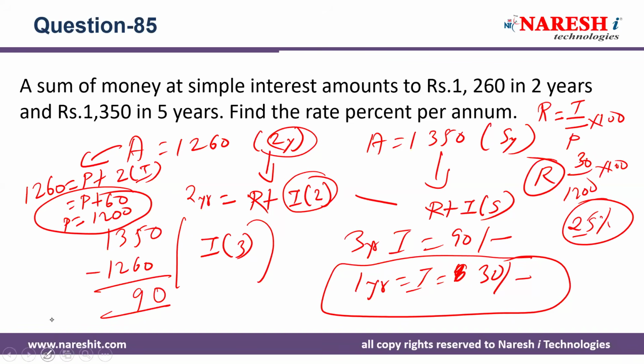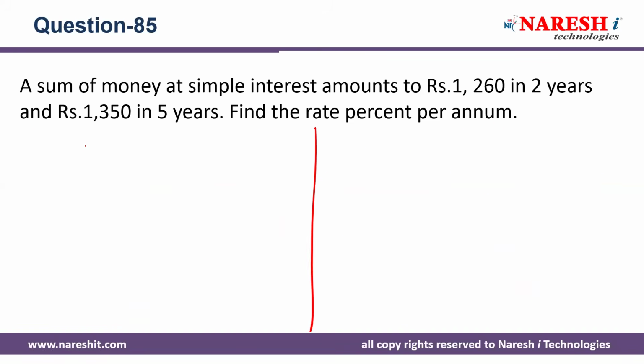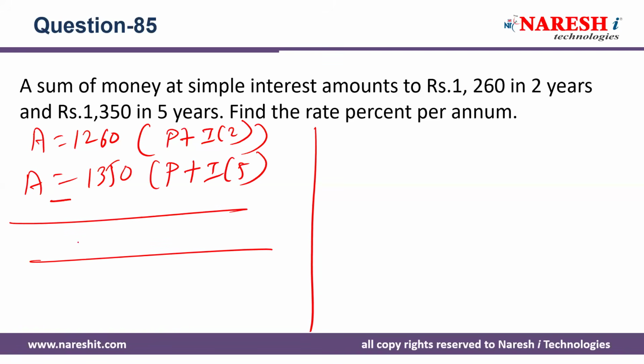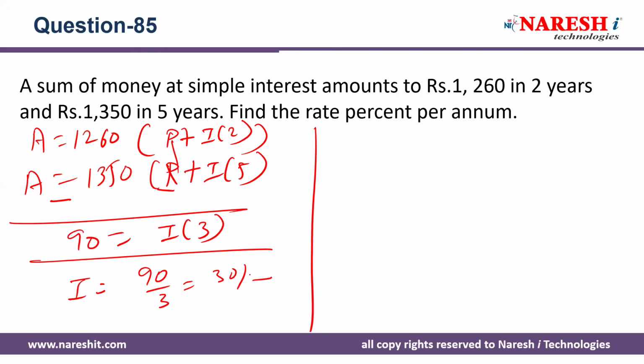Let me do it properly. Amount 1260, which includes principal plus interest for 2 years. Another amount 1350, which includes the same principal but interest for 5 years. If I take the difference between them, I get 90, the principal cancels, interest for 3 years. So interest for 1 year will be 90 by 3, 30 rupees.